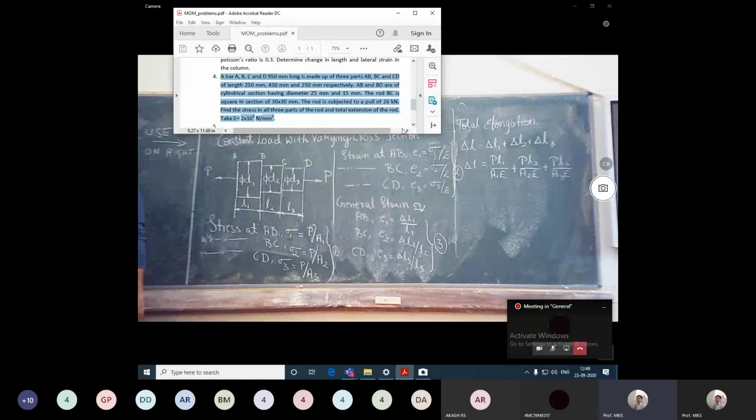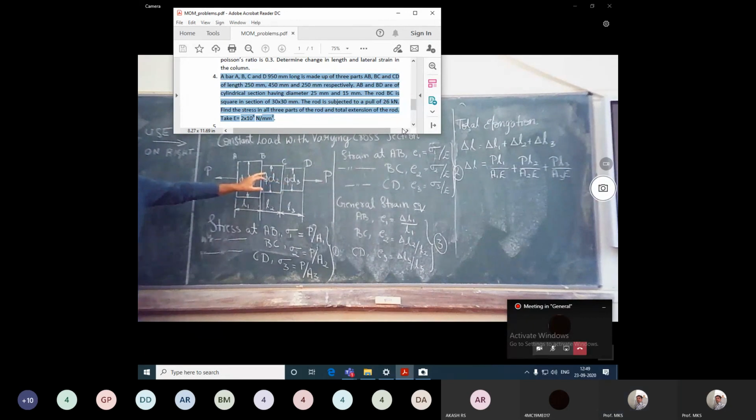It is made up of three parts, AB, BC, CD, of lengths AB 250 mm, BC 450 mm, CD 250 mm respectively. AB and CD are cylindrical in shape, that is, circular in cross section, for this particular problem.